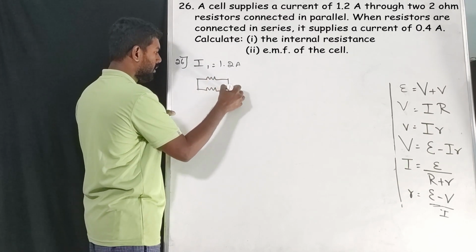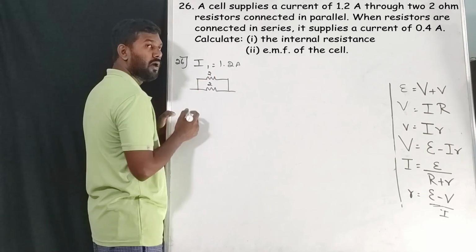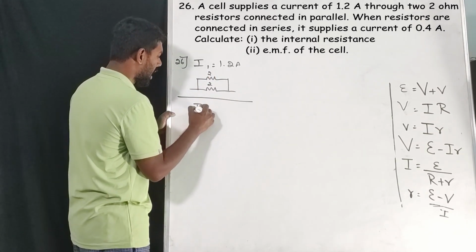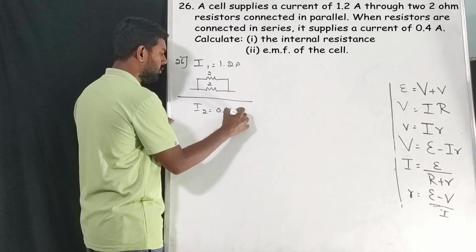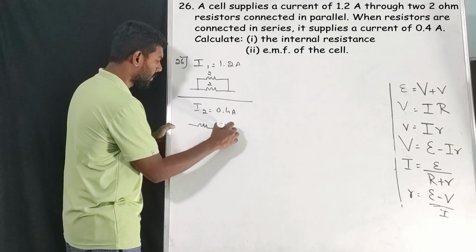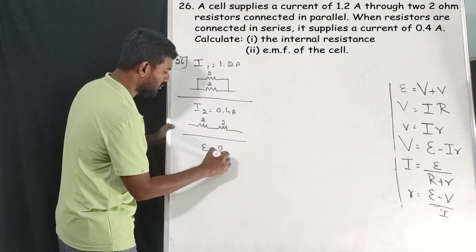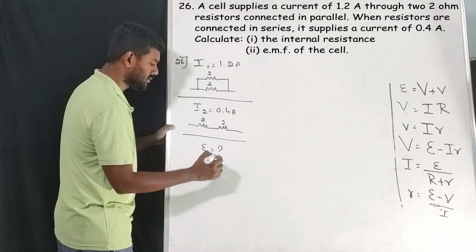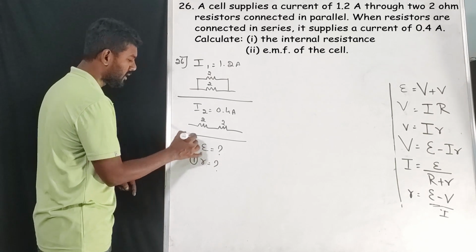Next, I2 will be 0.4 if the same two resistors are connected in series. So now we have to find EMF of the cell and internal resistance. First we have to find internal resistance, then EMF.